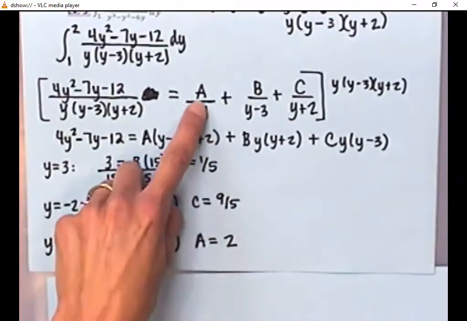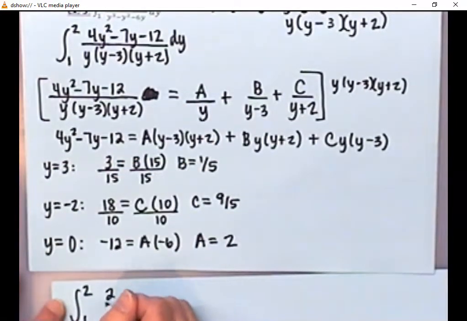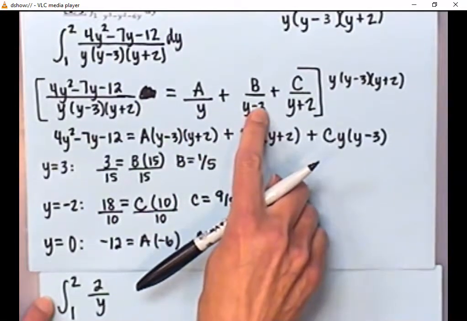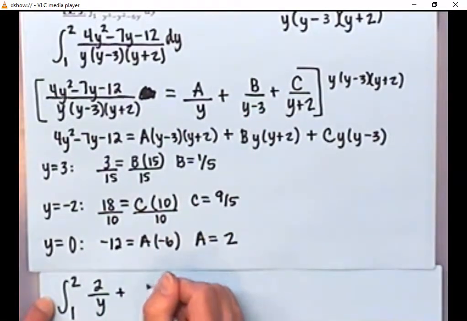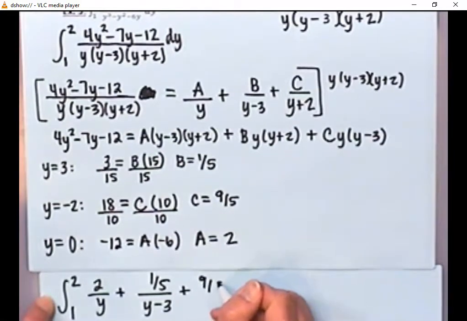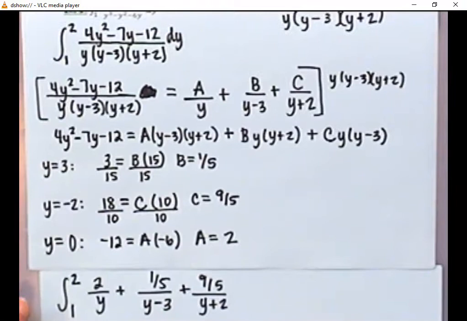A was 2, so it's the term 2 over y. So that was 2 over y. B was 1/5. So I'm going to write it as 1/5 over y minus 3. And then C was 9/5. So that goes over there. Y plus 2.